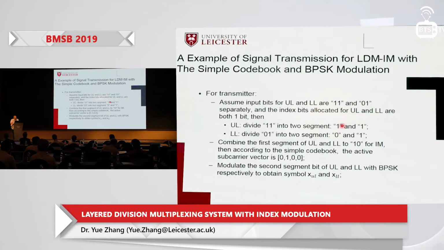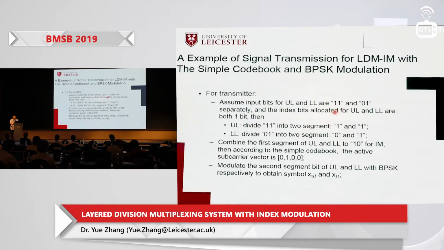As an example, when we do the simulation on the transmitter side, assume the input bits for the upper layer and lower layer are 11 and 01 separately. The index bits allocated for the upper layer and lower layer are both 1 bit.